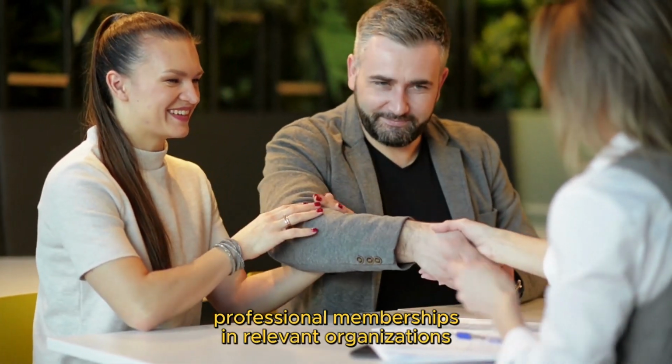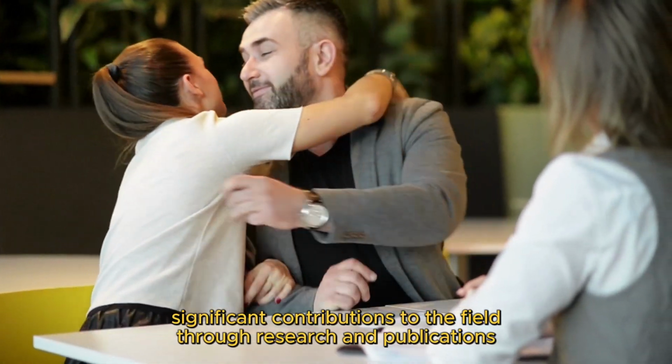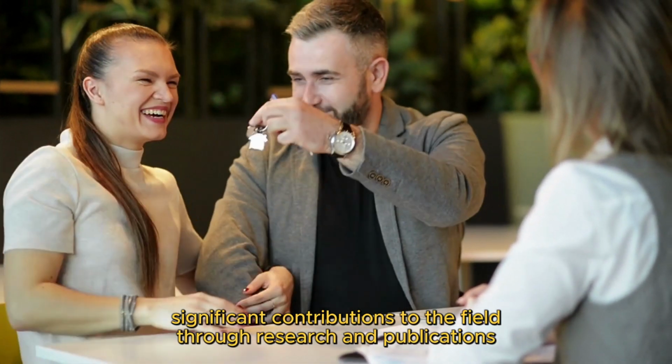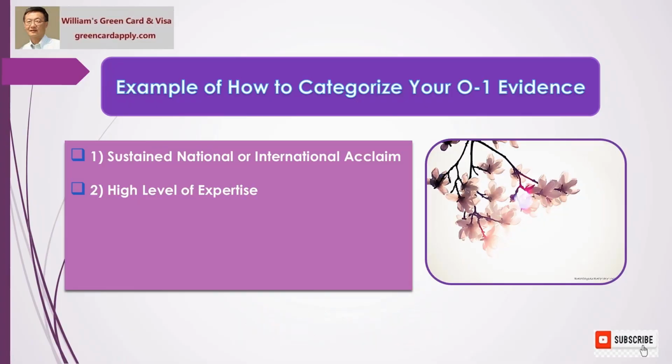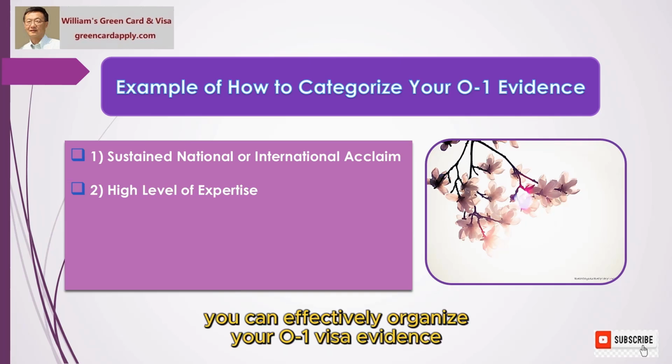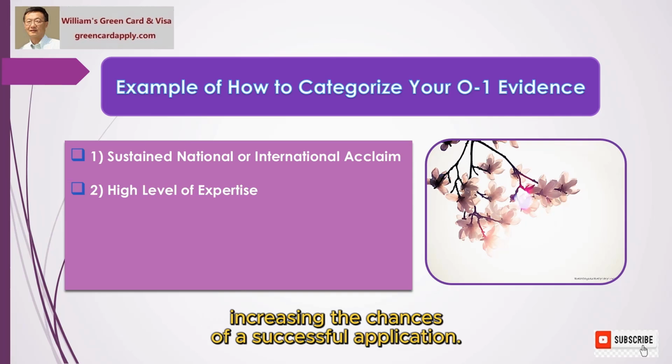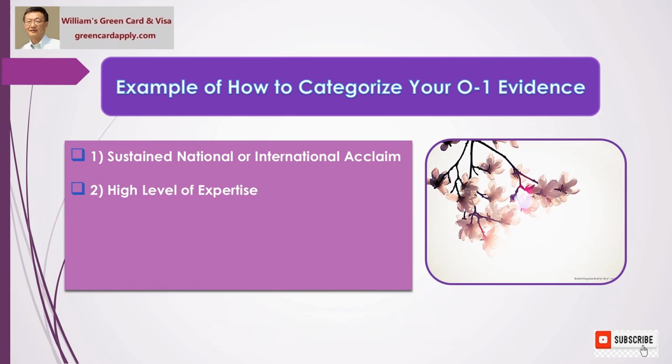Professional memberships in relevant organizations, significant contributions to the field through research and publications, evidence of specialized knowledge and skills. By following these guidelines, you can effectively organize your O-1 visa evidence, increasing the chances of a successful application.